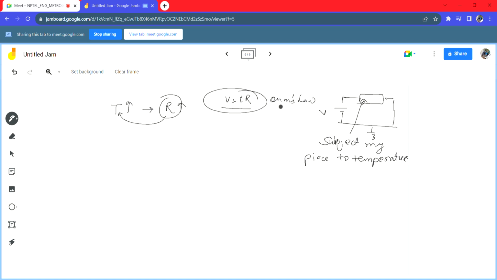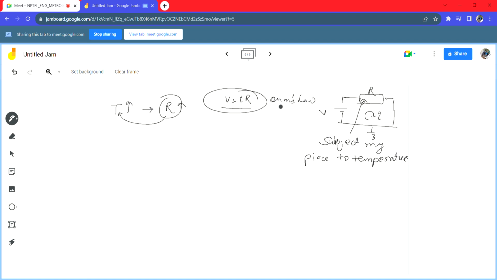What will happen? There will be a flow of current I depending on the resistance R of this piece. So say this battery is fixed, V is fixed. So with this we found the relation V equals IR.